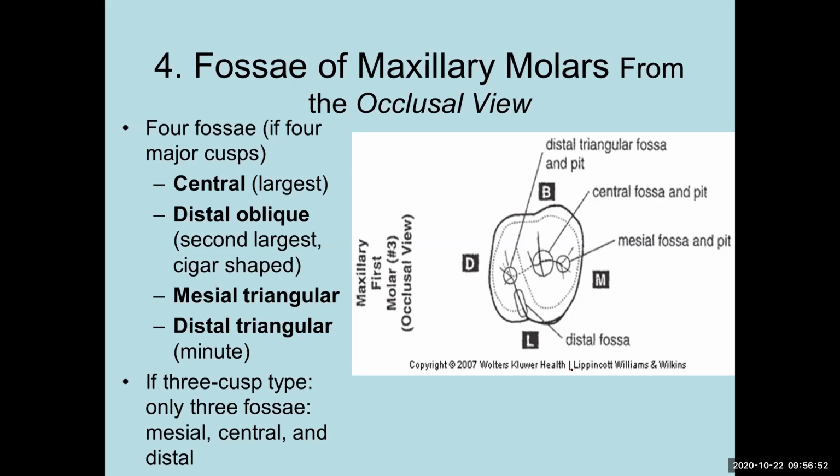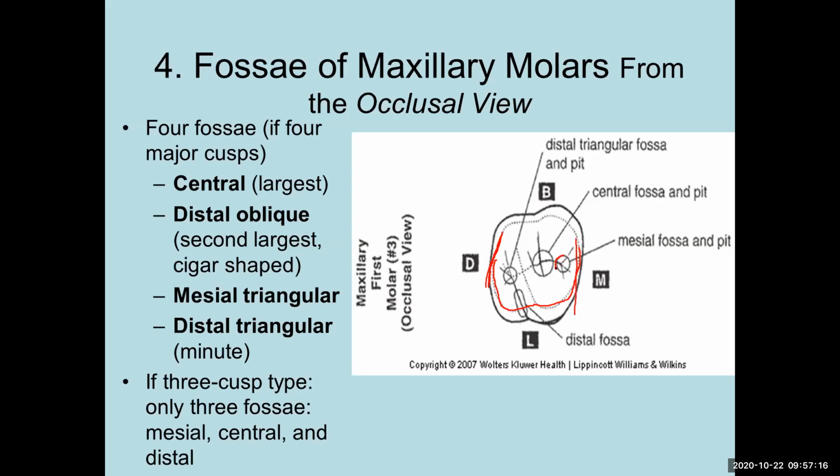This is another picture of a first molar. This is an outline of what we call the occlusal table. And this is your marginal ridge here, your distal marginal ridge and your mesial marginal ridge.